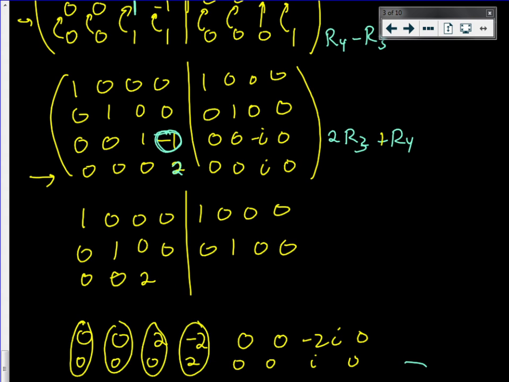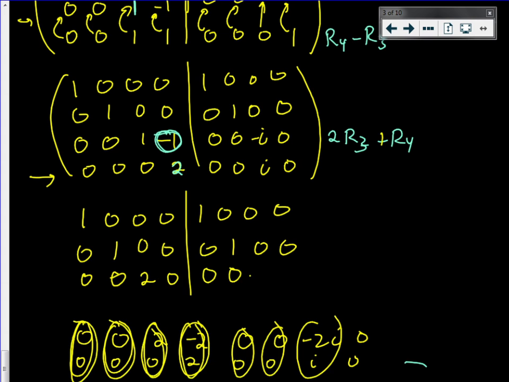No big deal. 0 plus 0 is 0. 0 plus 0 is 0. 2 plus 0 is 2. Negative 2 plus 2 is 0. 0 plus 0 is 0. 0 plus 0 is 0. Negative 2 plus I is negative I. And 0 plus 0 is 0. And the last row, we didn't touch.